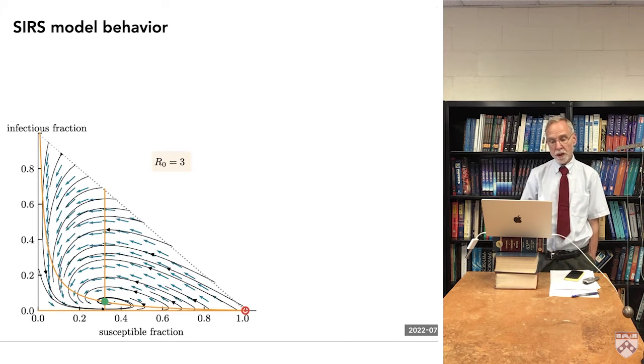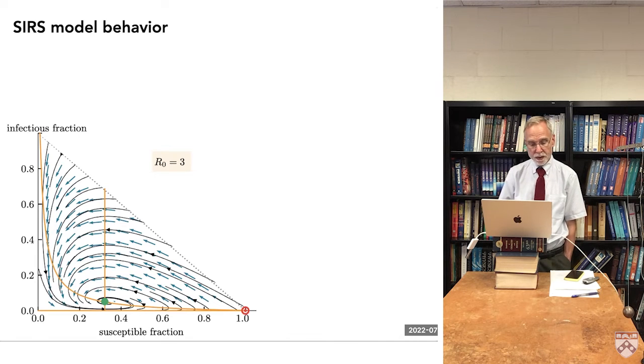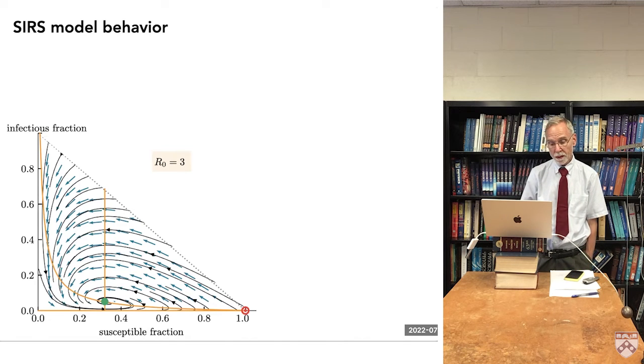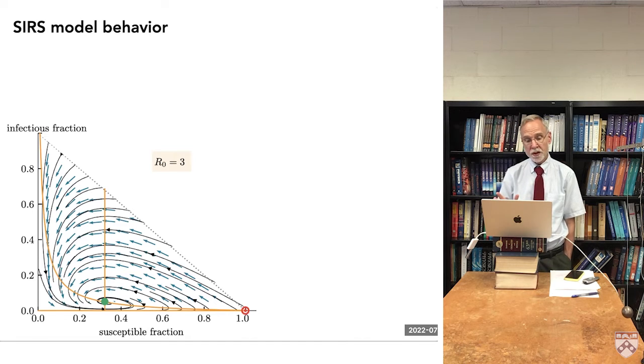Interestingly, in that model, when you write the phase portrait, you start down at the lower right, follow these things, you end up at that green dot, which is not quite on the bottom axis. That corresponds to a state where a small fraction of the population is always susceptible, about 1/3 of them in this case.